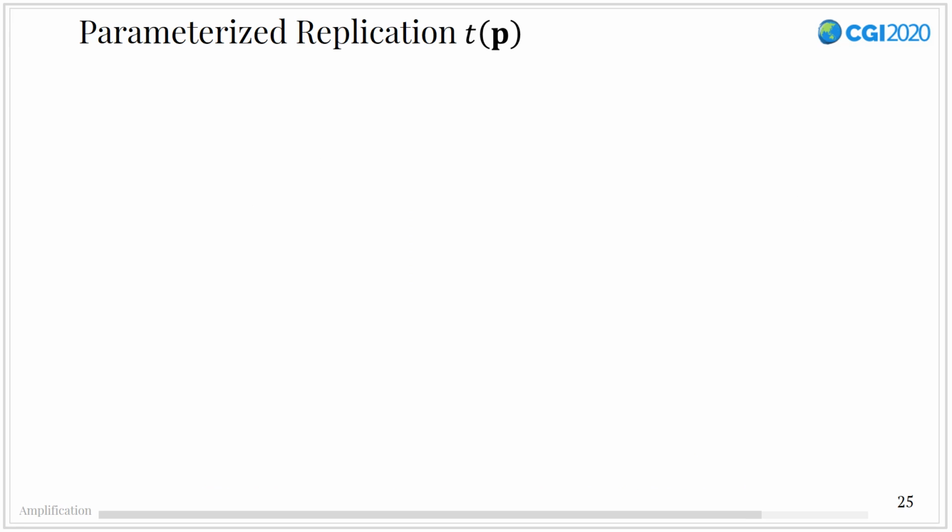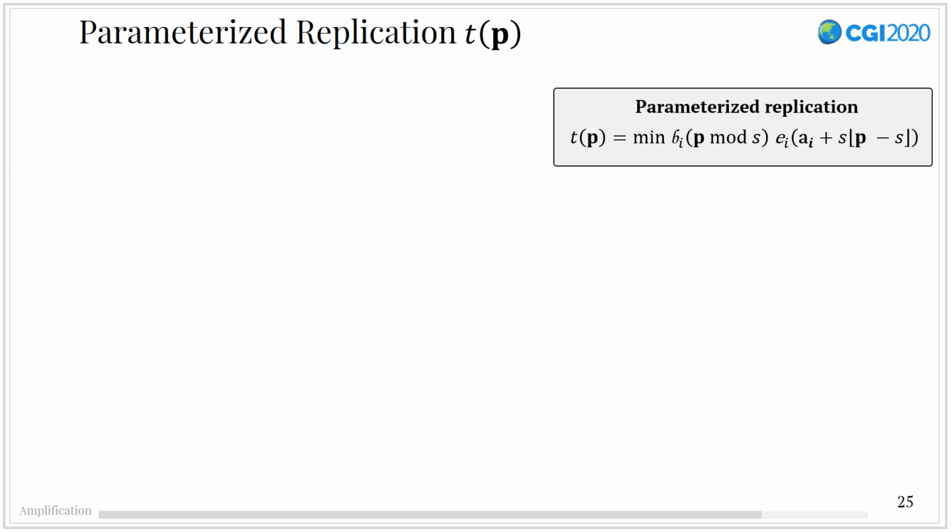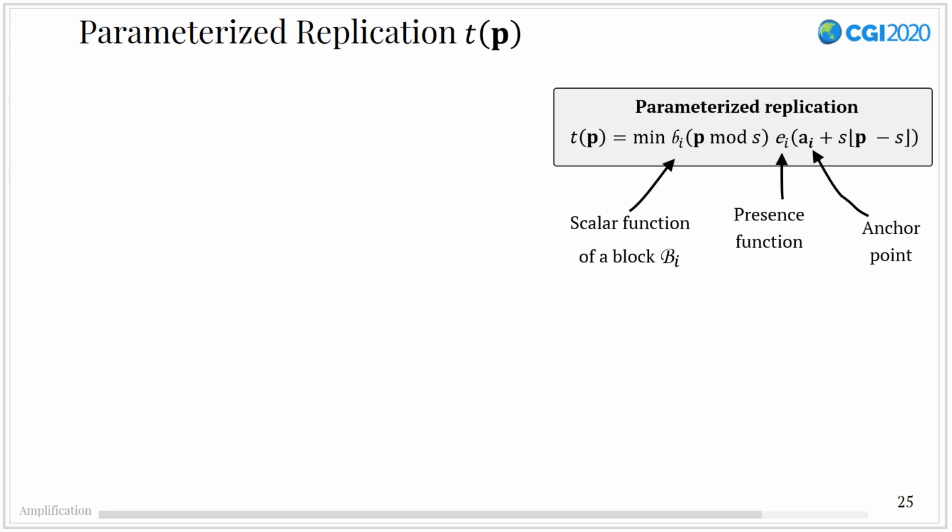Therefore, we extend the concept of infinite replication and add control for choosing where the primitives should be replicated. We introduce a parameterized replication operator based on a presence function E that evaluates whether a block Bi should be replicated or not.